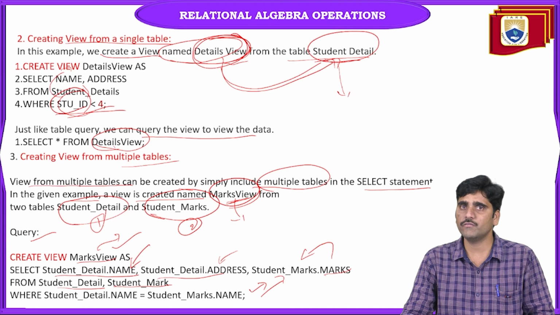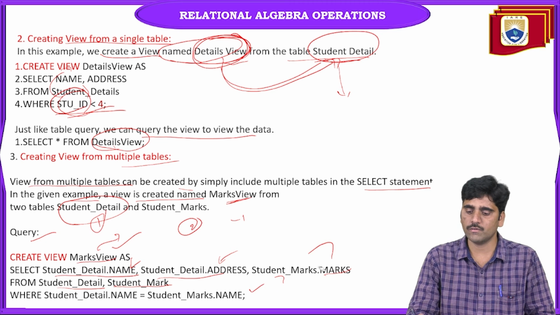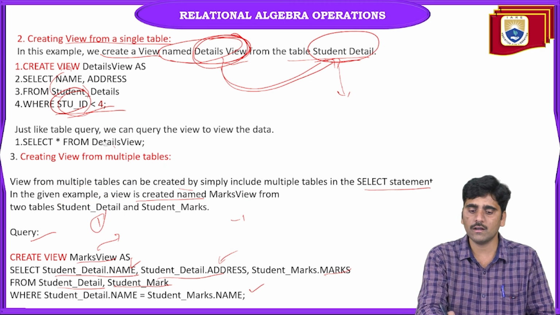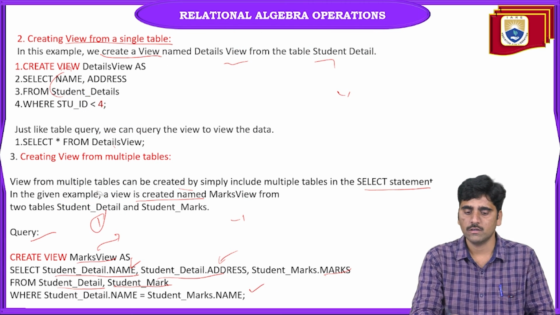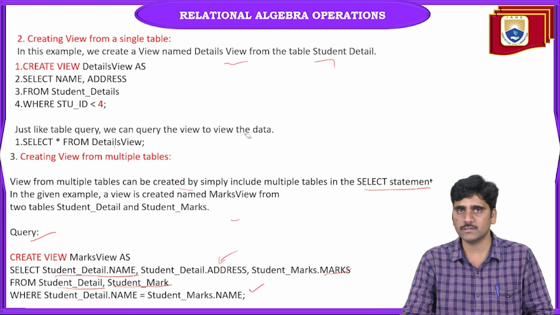You can create views from a single table or multiple tables. If you want to create from a single table, you write CREATE VIEW view name AS SELECT fields FROM single table WHERE condition.